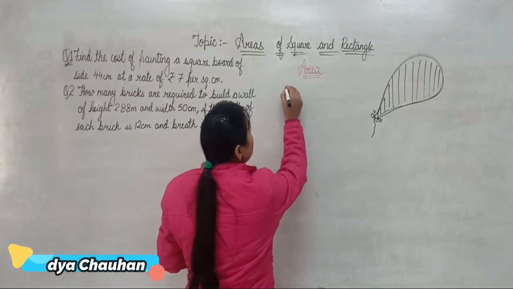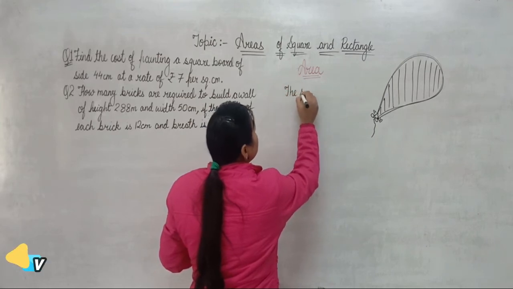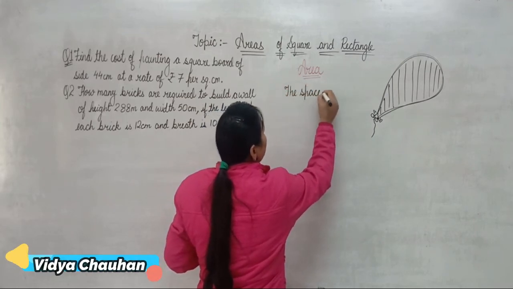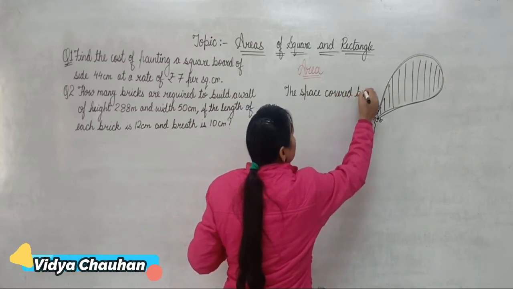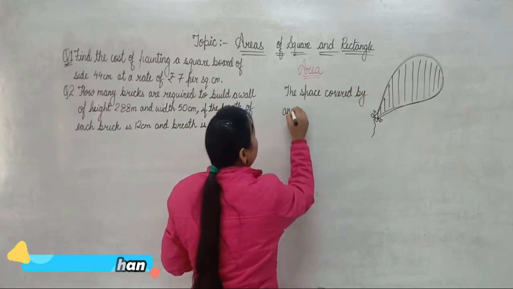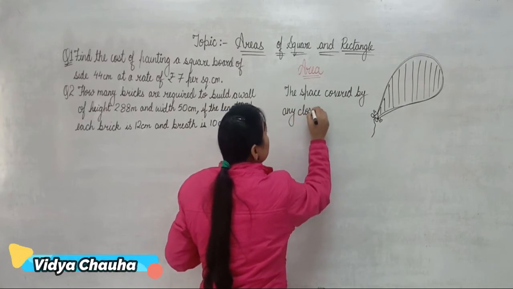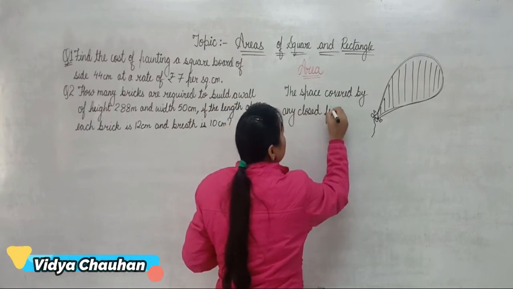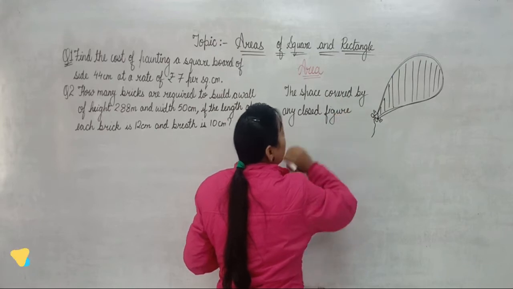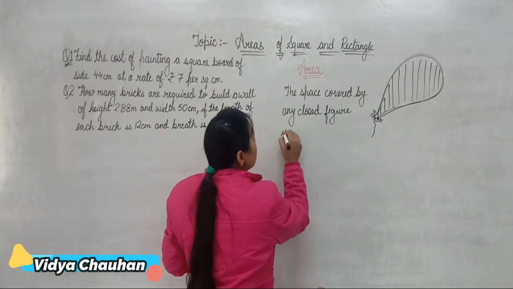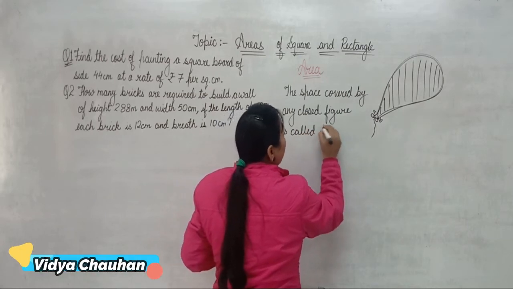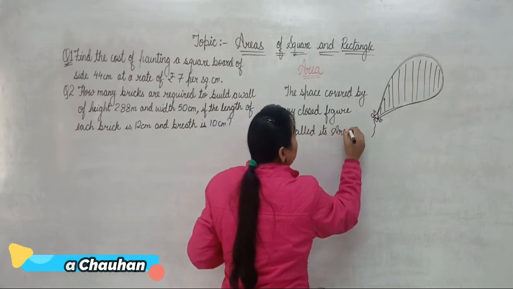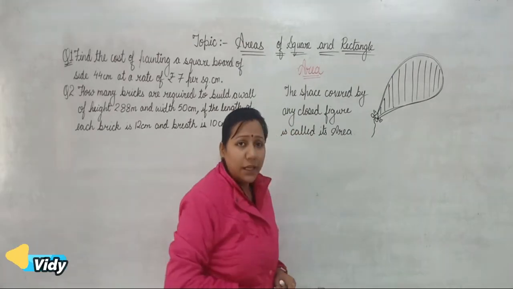So the definition is: the space covered by any closed figure is called its area. So that is your area.